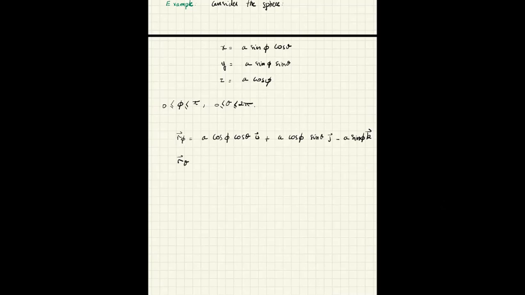Now r theta is equal to minus a sine phi sine theta i plus a sine phi cos theta j plus 0 k.